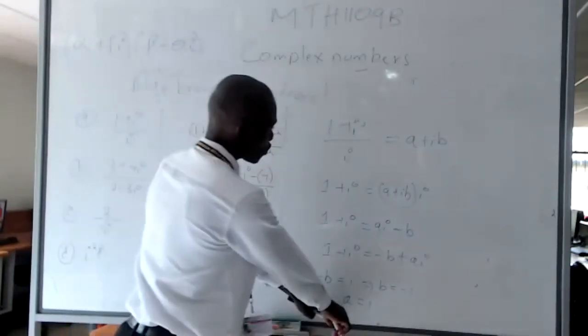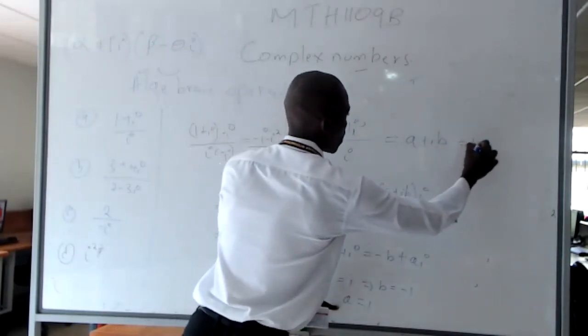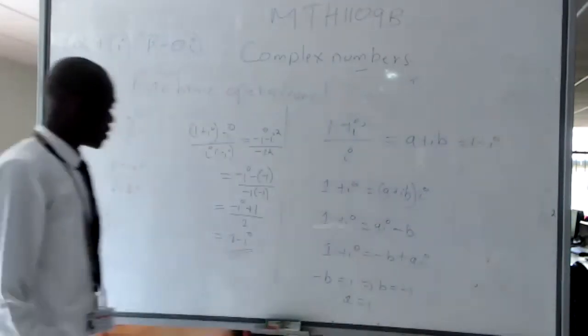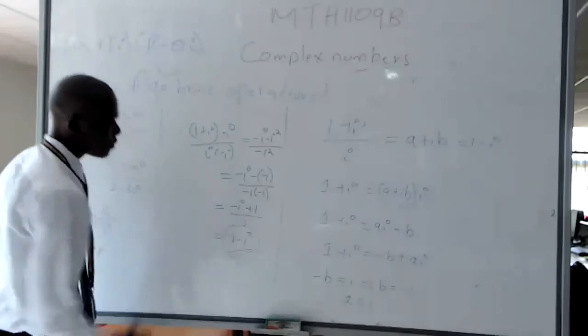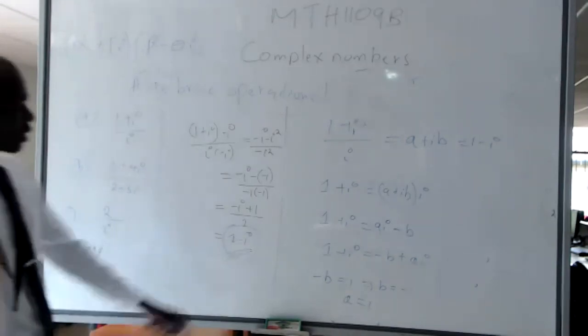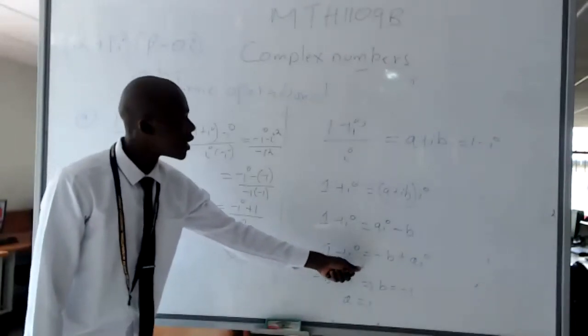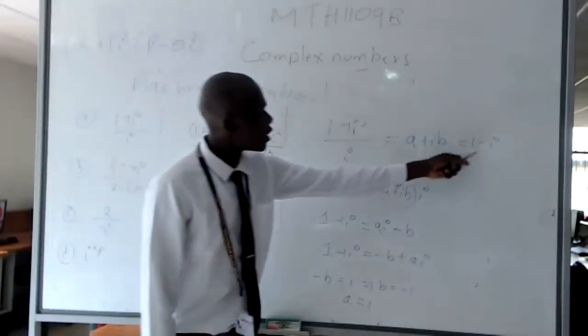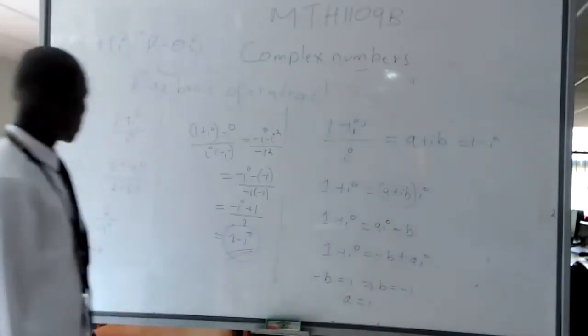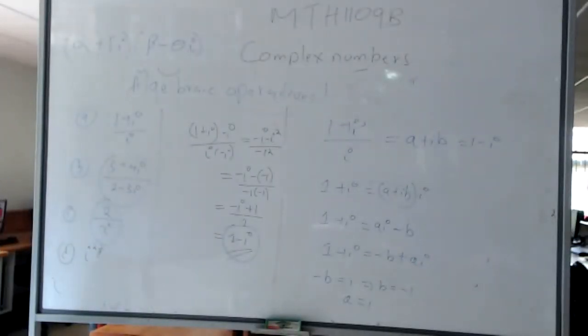So when a is 1 and b is -1, you have 1 minus i, which is what we have here. Does it make sense? Yes. I extracted two simultaneous equations, one in b and one in a, and I get the solutions for a and b, which gives me the answer 1 minus i. It can also work for this.